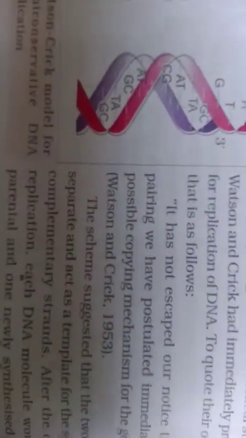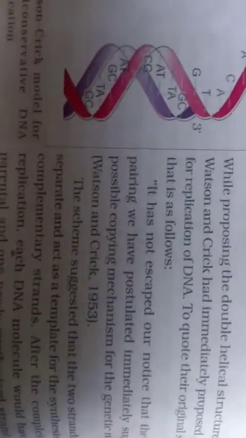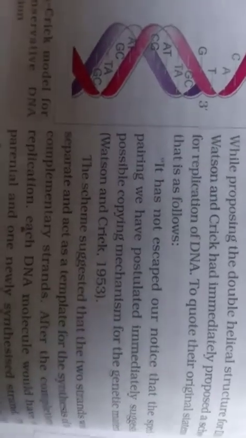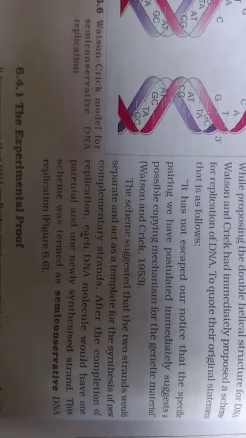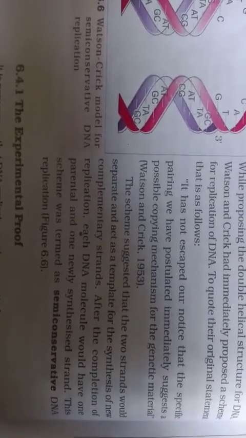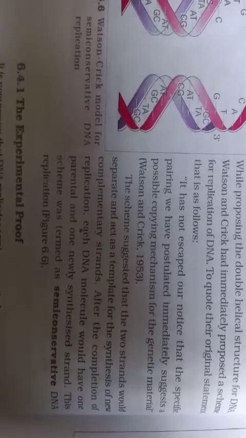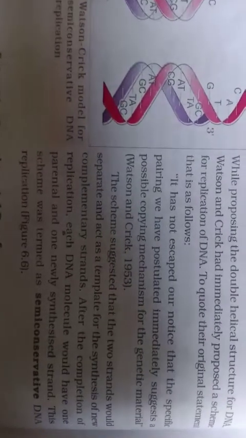This was proposed by Watson and Crick when they first described the double helical structure of the DNA. While proposing the double helical structure for the DNA, they immediately proposed a scheme for replication of the DNA.